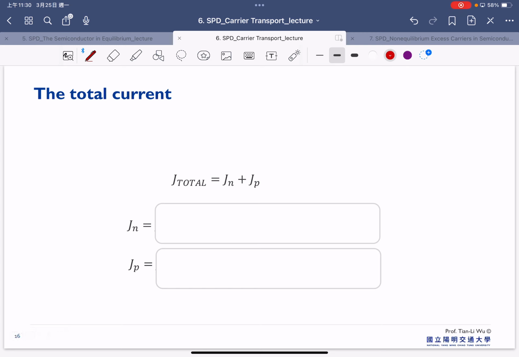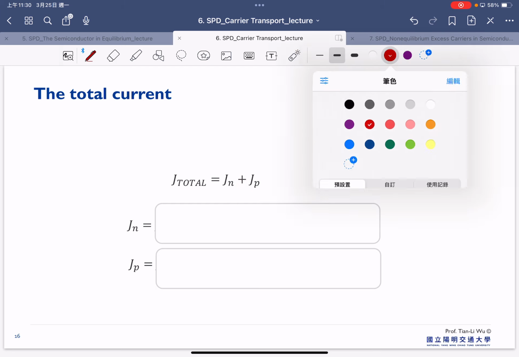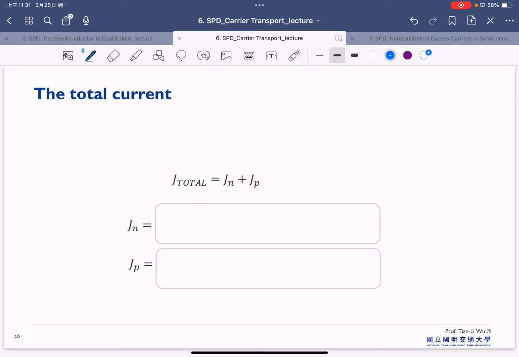Okay, so now it's almost close to the end. For the final, our goal is to understand the total current. For sure, the total current is a combination of electron current plus hole current. But now the electron current has two parts.